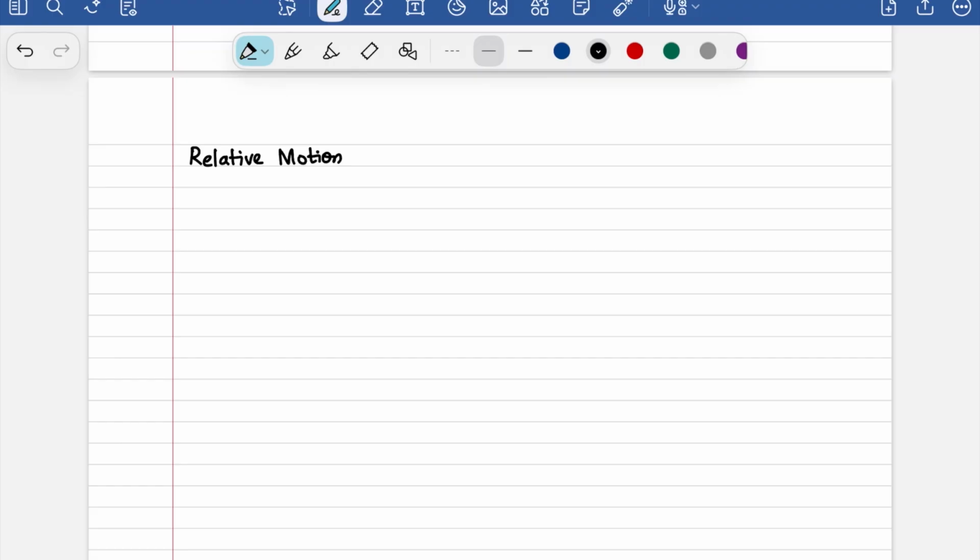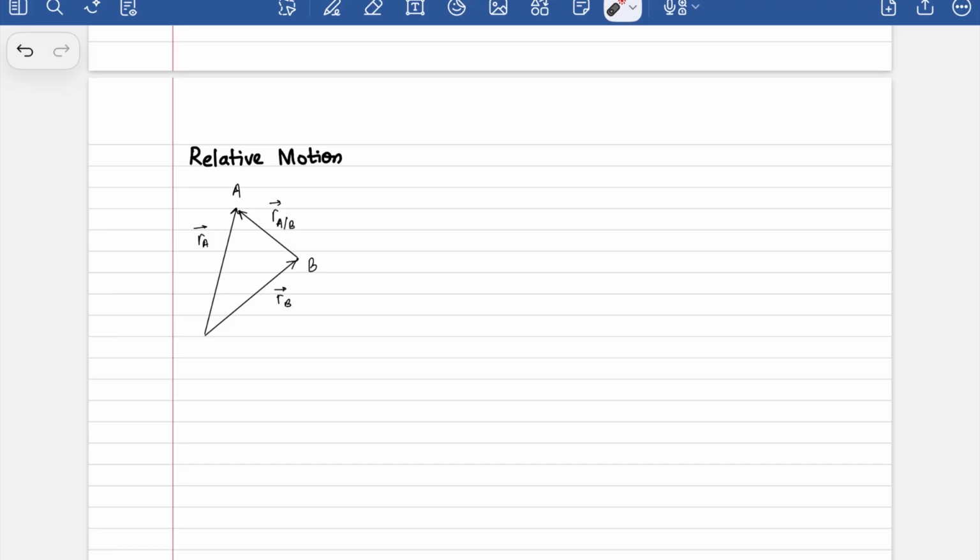So let's generalize this to the case where you have some position of some body B given by position vector B, and there's another position vector for body A given by position vector A. And now what you're doing is, from this point B, you're looking at A. So you have essentially a position vector that denotes A with respect to B. Okay, so this is A with respect to B. It's from B, you're looking at A. That's what it means.